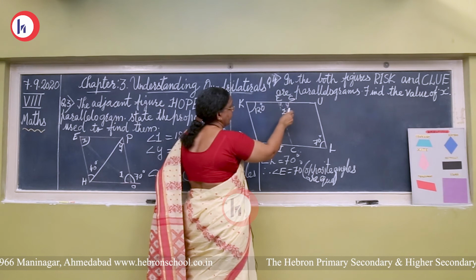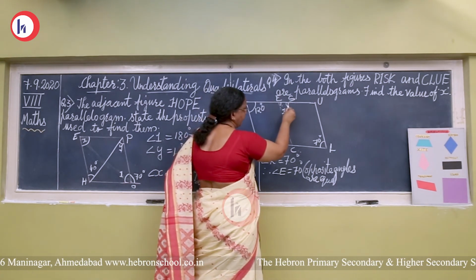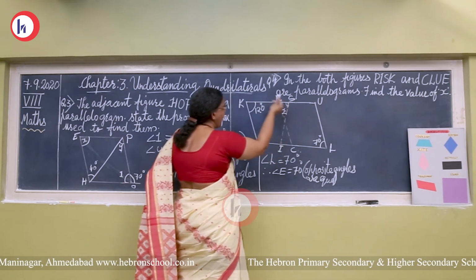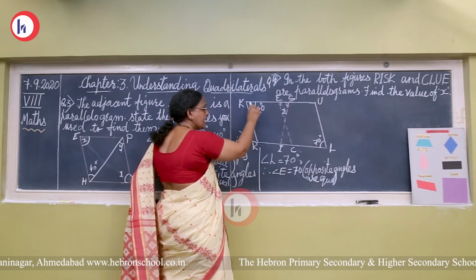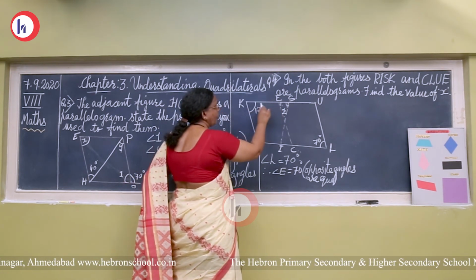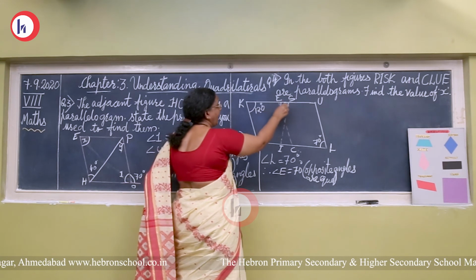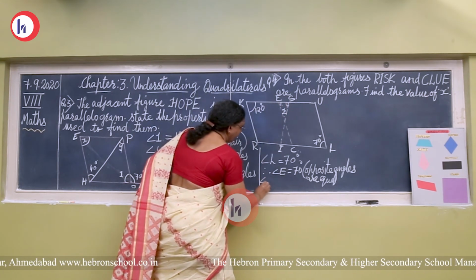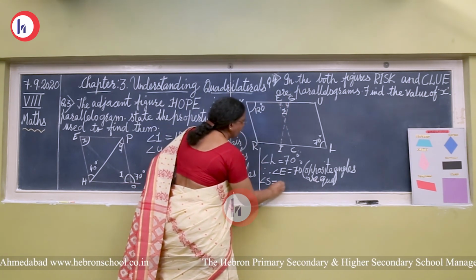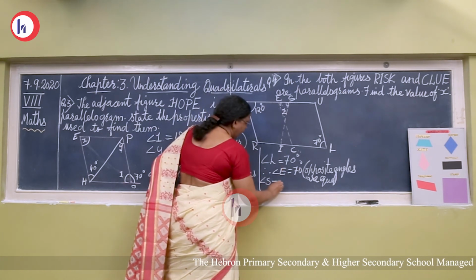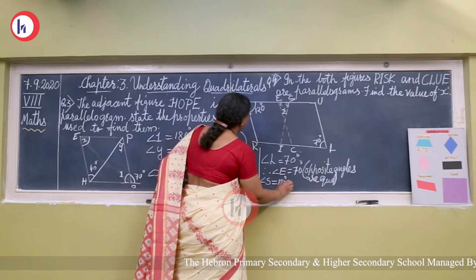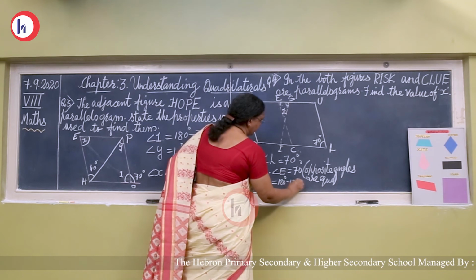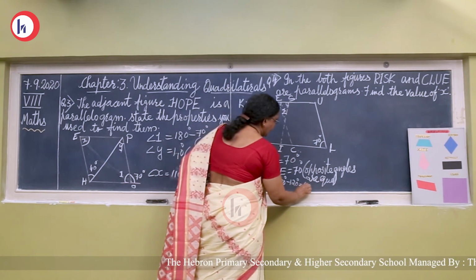Now I told you that S can be found out. Here S and 120 are supplementary, so the total sum is 180 degree. So angle S is equal to 180 degree minus 120 degree. That will be 60 degree.